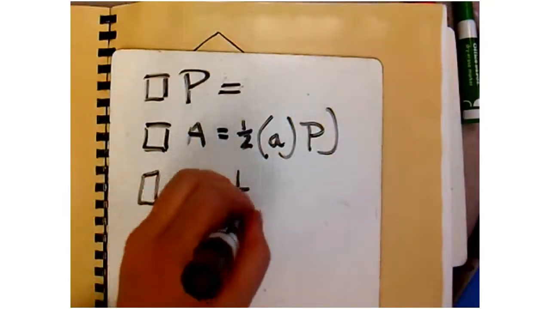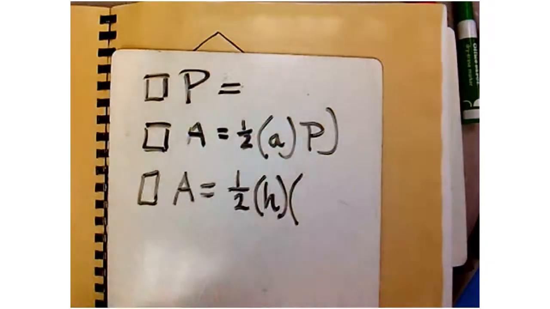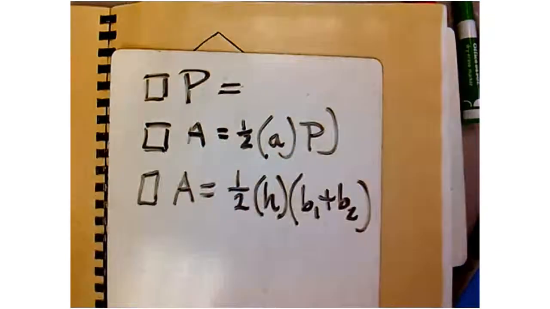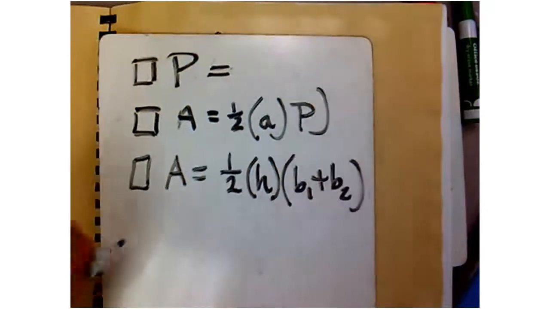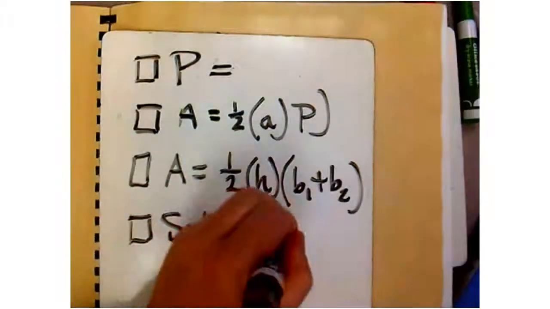It's 1/2 the height times the 2 bases added together, base 1 plus base 2. Then once we find those two areas, what are we going to do? Subtract. All right, let's do it.